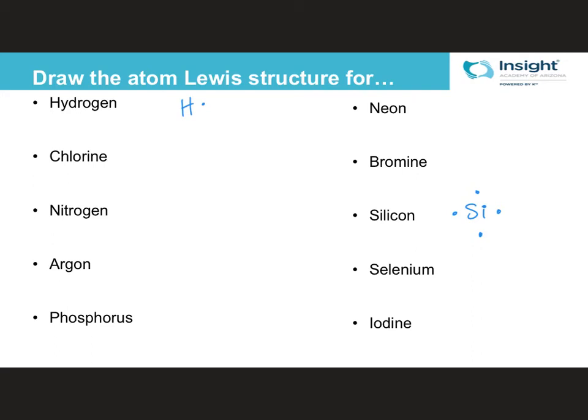Phosphorus is right below nitrogen in group 5A, so 1, 2, 3, 4, 5. This shouldn't be too difficult as long as you remember my group A number tells me how many electrons it has, and then I put 1 on each side, and then I can start doubling up.